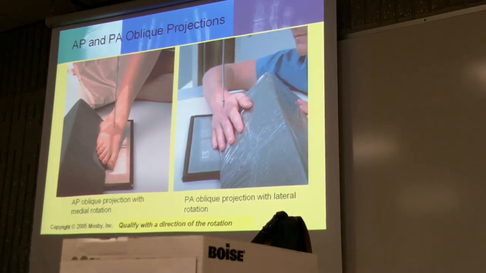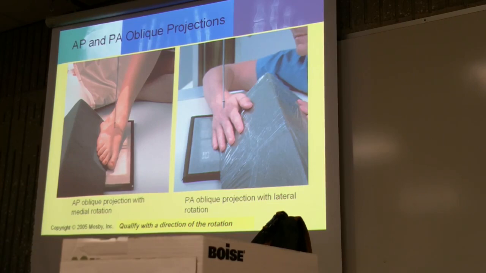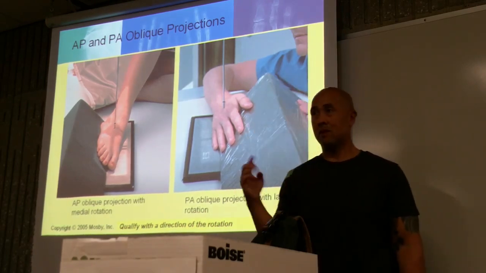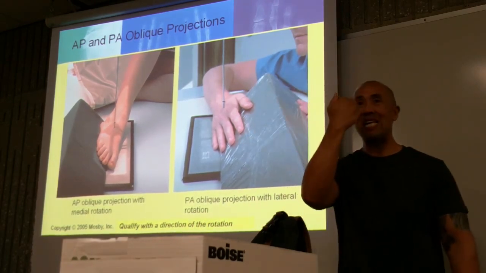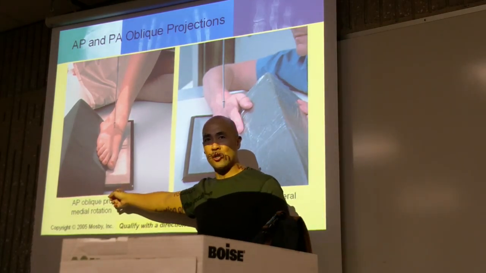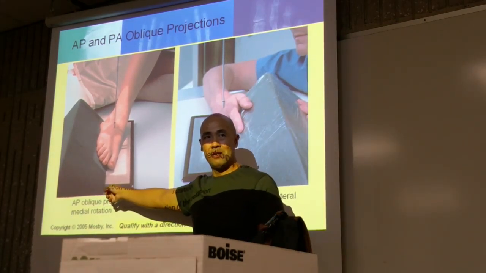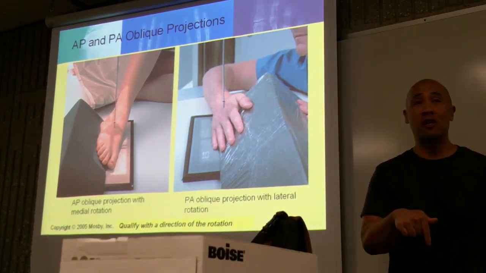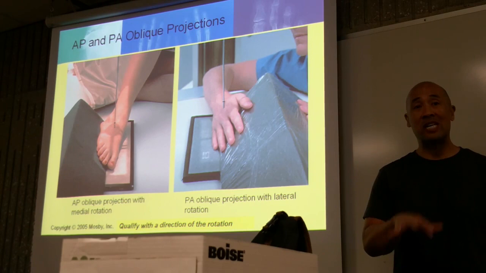I'm going to throw in some extra words in here. You guys ready? Okay. This is medial. It's also known as internal. So this can also be called an internal rotation. So medial rotation or oblique is also known as an internal rotation or internal oblique.